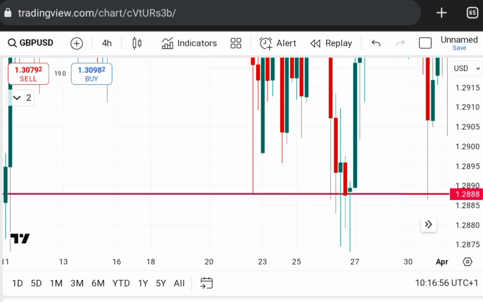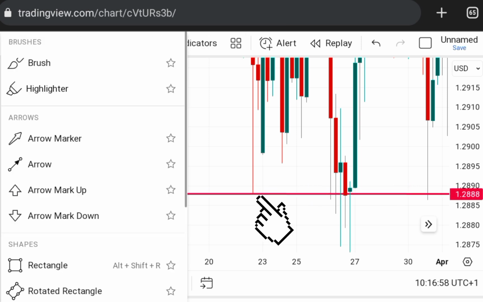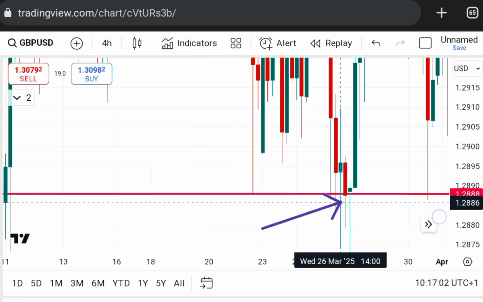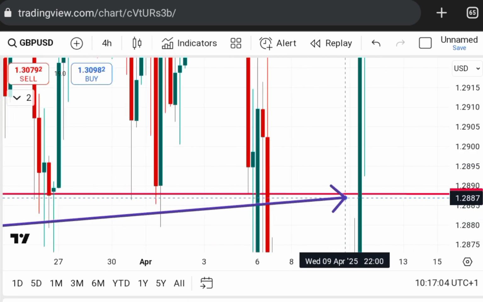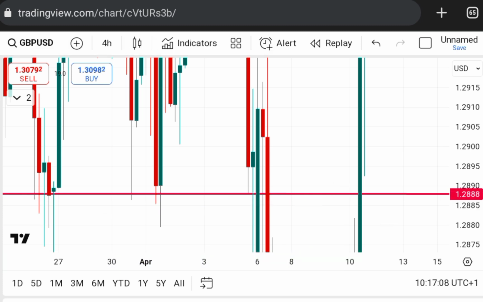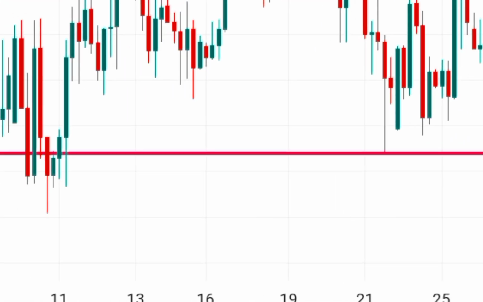The market was able to close below this wick. So this shows that the market was bearish.